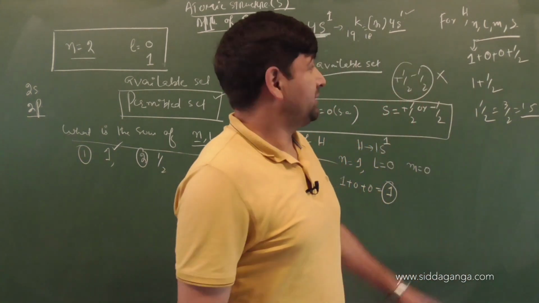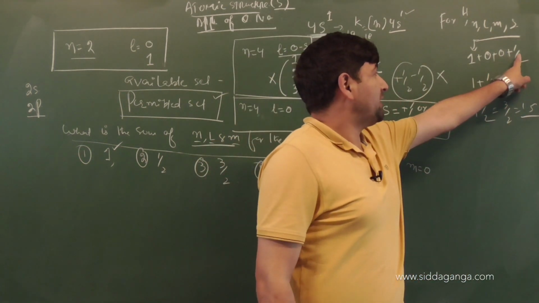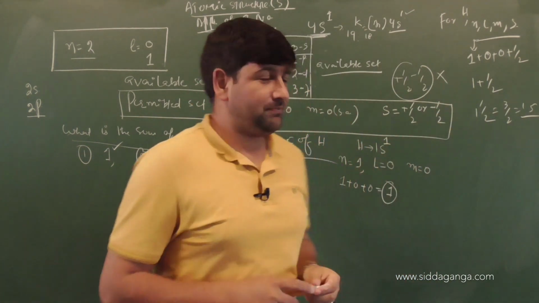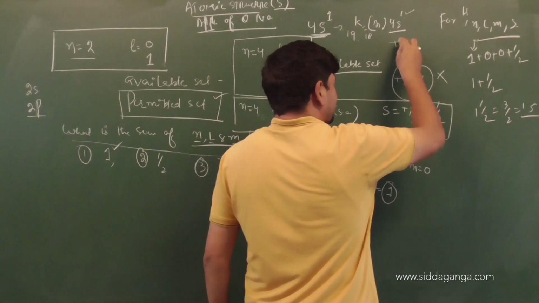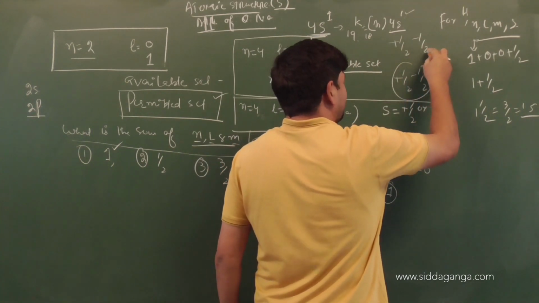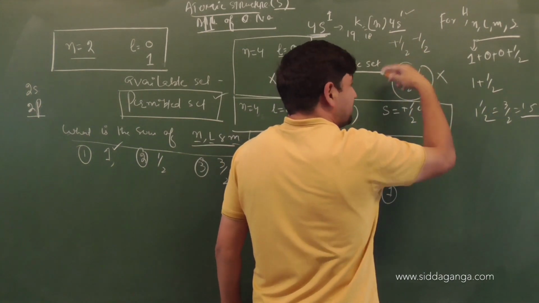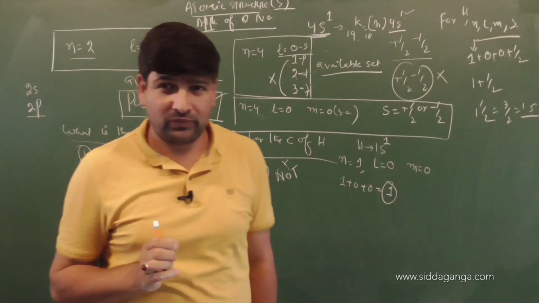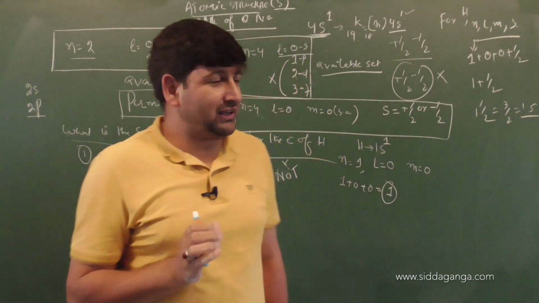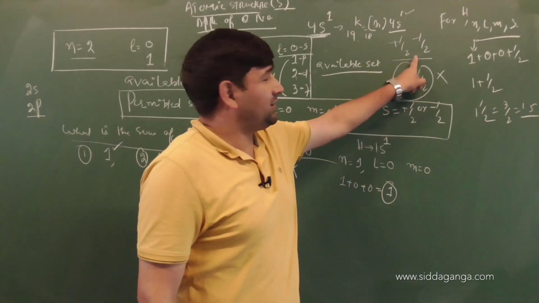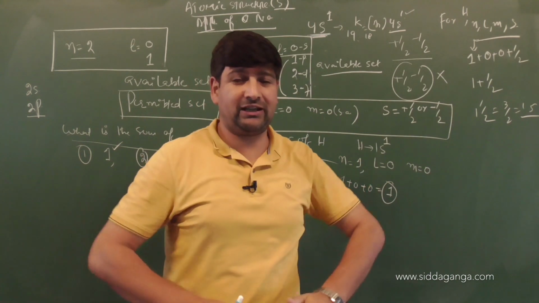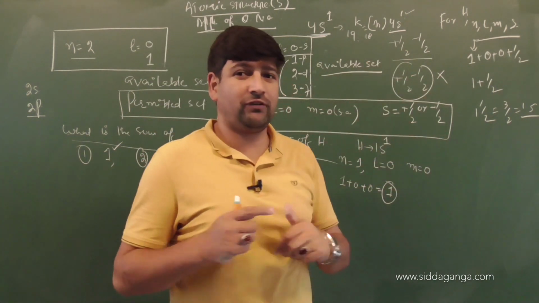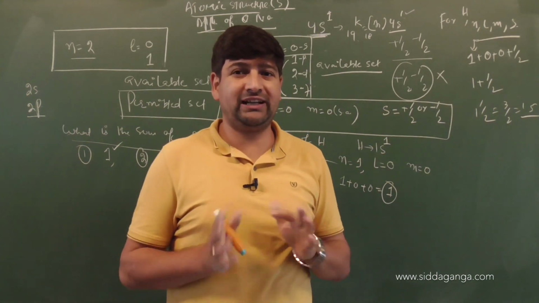Now you might ask, sir, you have written plus half. If it is minus half, keep it in mind: plus half and minus half are not representing sums and subtractions. This is a classical analogy of quantum mechanics, which doesn't hold any physical meaning. It is a classical analogy used for the representation of motions, that is clockwise and anti-clockwise.